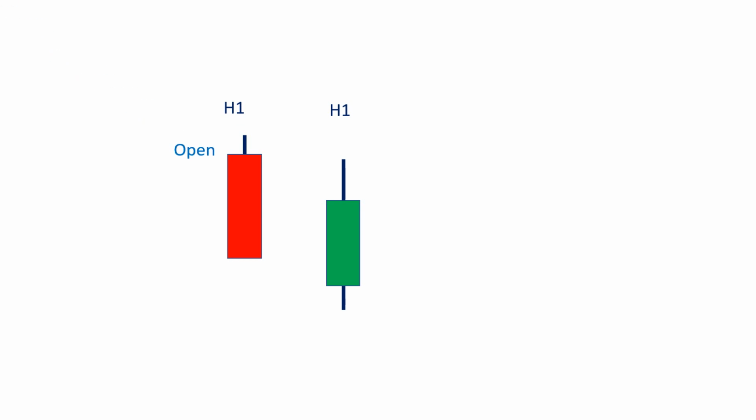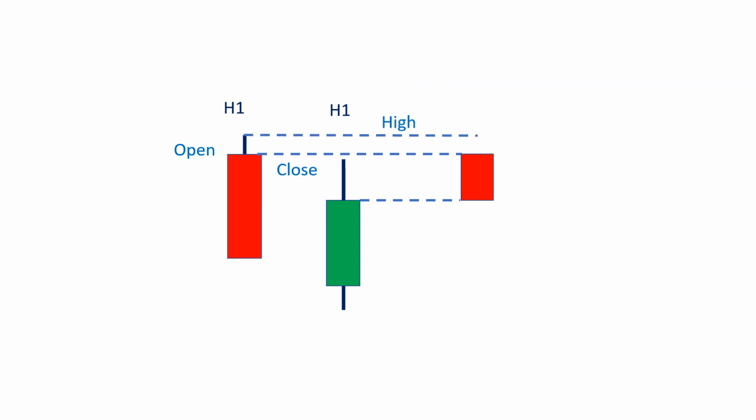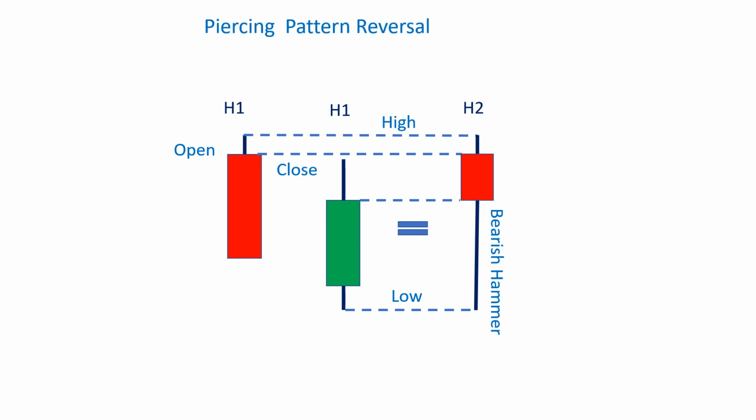The second one is a bullish candle with 1 hour time frame. To blend these two candles, it's so easy. We take the open of the first candle, we take the close of the second candle, and then we take the portion between open and close, and then we take the high and the low of the pattern. The equivalent is nothing but a bearish hammer.